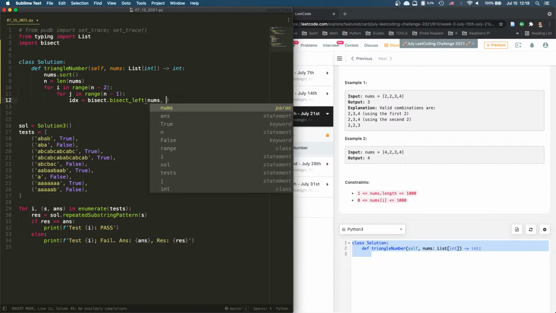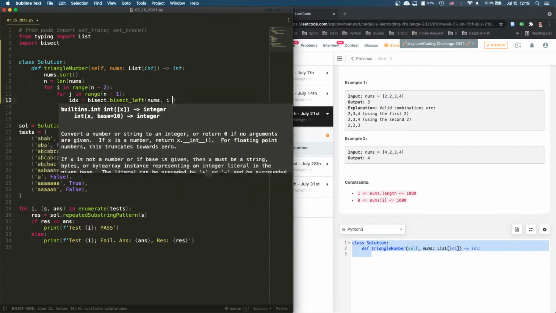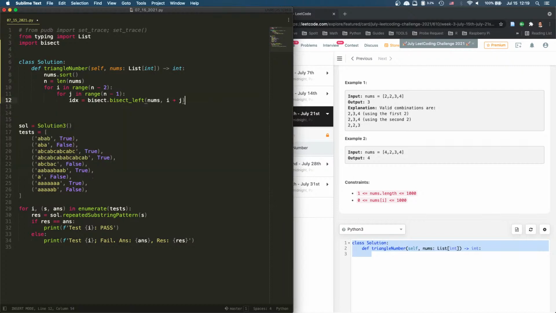Nums, right? And i plus j, right? So basically find where i plus j is going to be. And once we find that, everything to the, actually no, it's bisect right. It's everything to the, no, everything to the left. No, it has to be smaller, everything to the left.